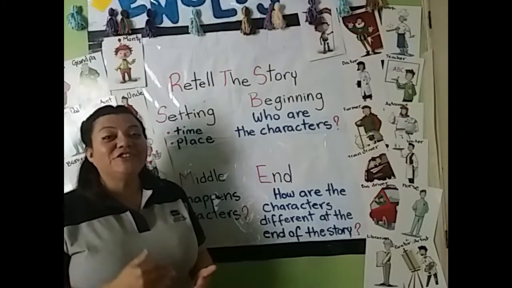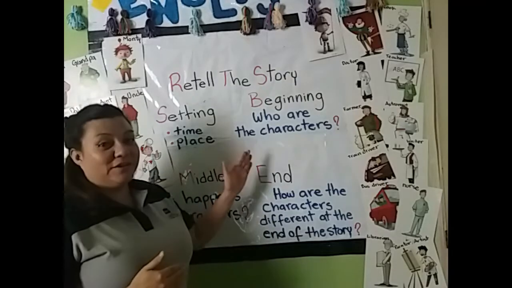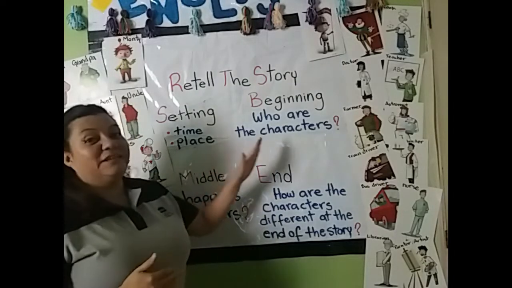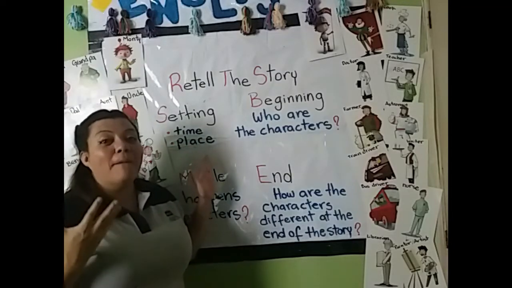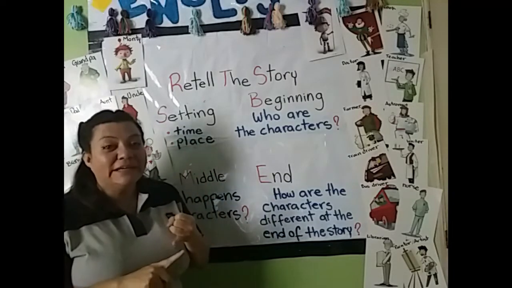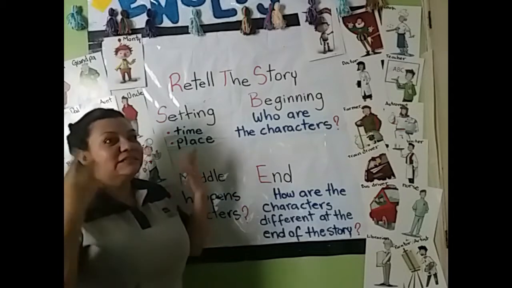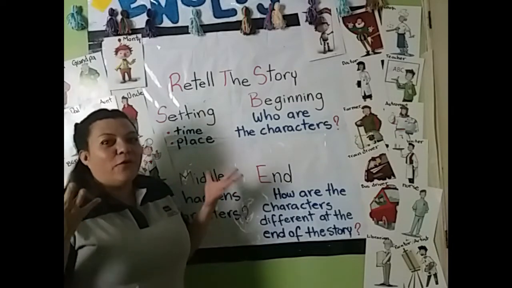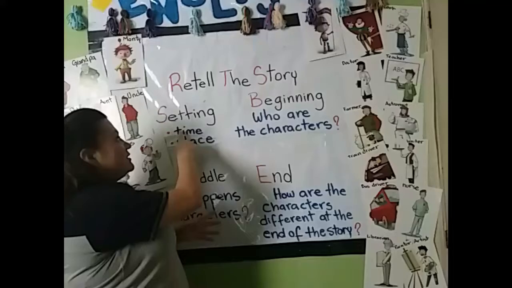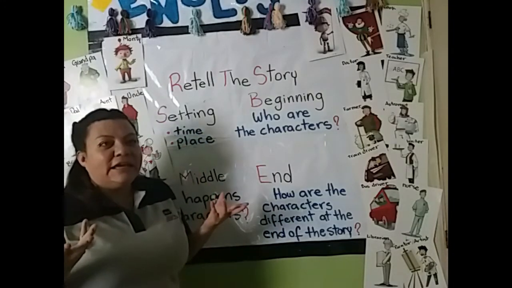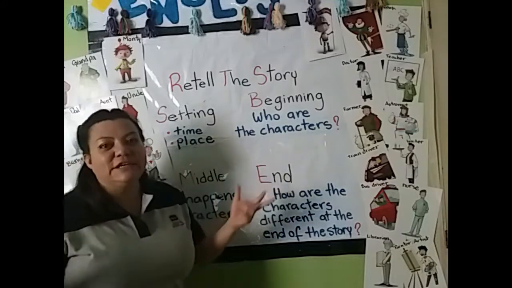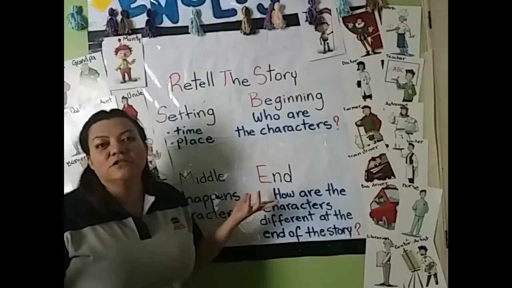Okay, so I'm going to explain two parts of the story, the setting and the beginning. In the setting, you have to know about the time and the place that the story is set. That's why it's called setting. What place? It can be in a forest, it can be in a castle.